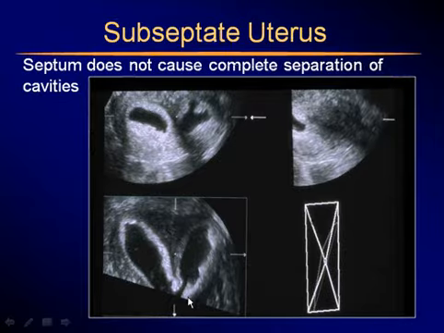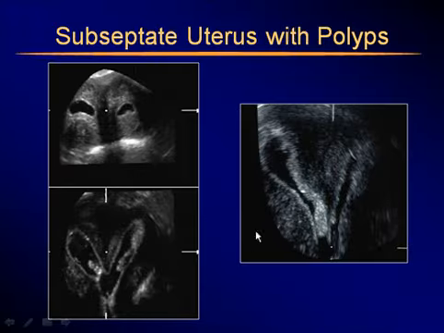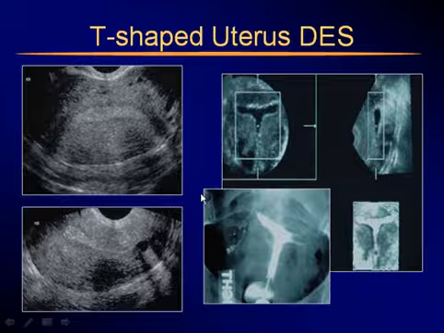Another patient where fluid did fill two horns because the septum was incomplete and therefore a subseptate kind of uterus, which in some cases may have additional pathology, such as a polyp on this one, a couple polyps on this other patient, subseptate uteruses.